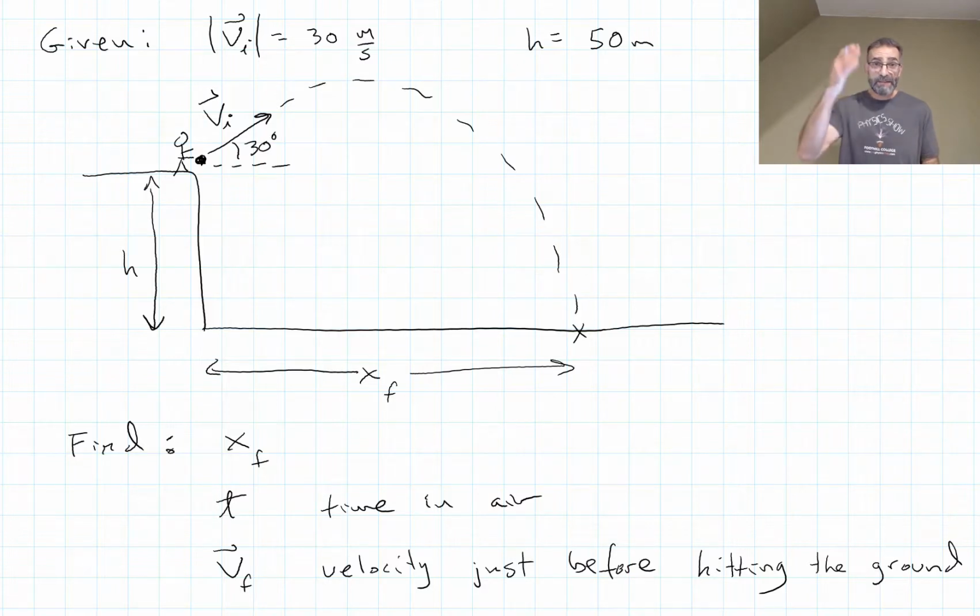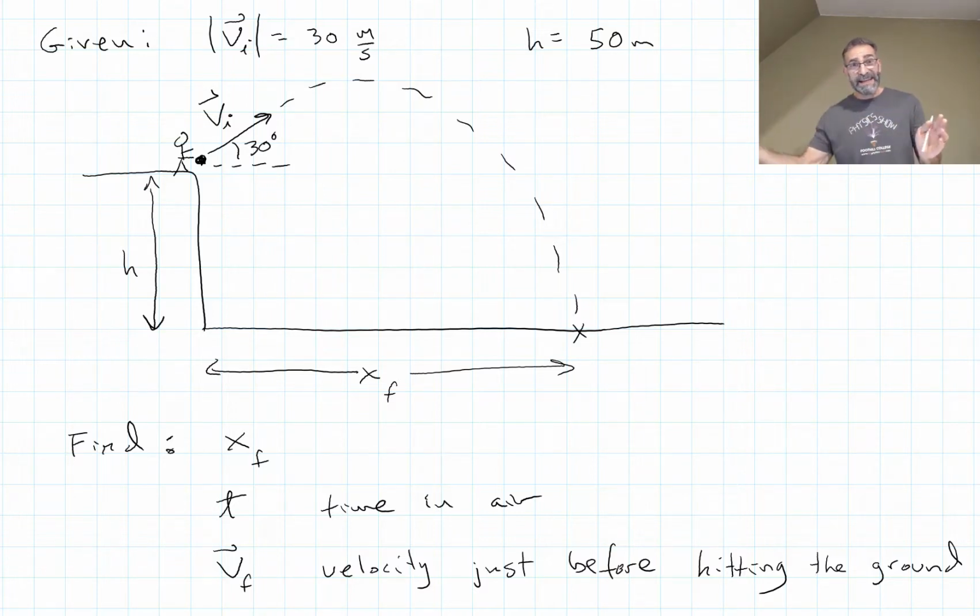But just like our one-dimensional kinematics problems, we have to have constant acceleration. When do we have constant acceleration? After the ball leaves our hand and before it hits the ground. Our hand is providing a force and accelerating it up to 30 meters per second, and then it releases it, and the only force acting on it is gravity, and then it interacts with the ground, and there's a big force from the ground that brings it to rest.